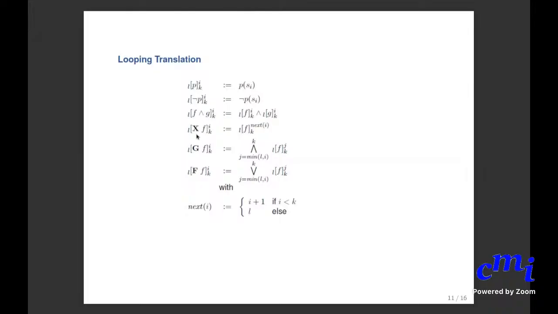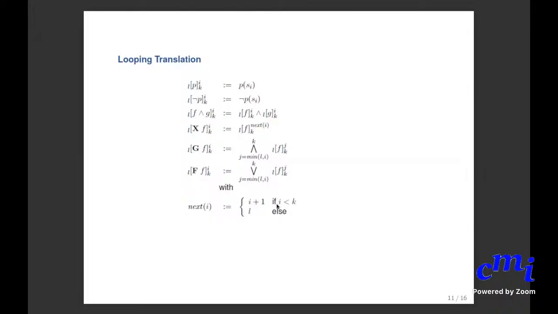So if you're translating X of F, what you need to do is recursively apply the translating operator for every suffix in the k-long prefix, starting from I. The only difference is what nextify does, where nextify is defined this way.